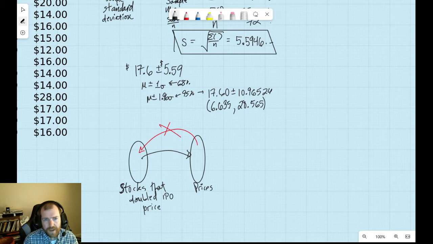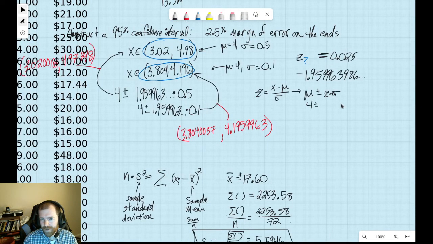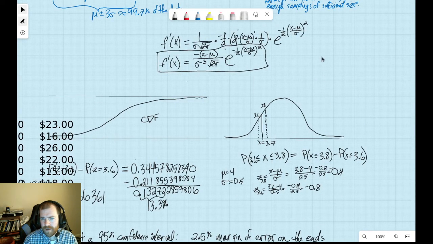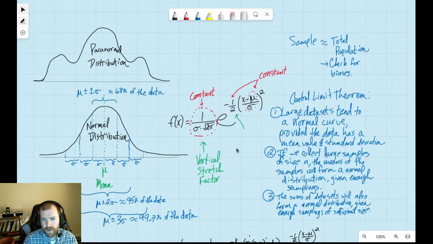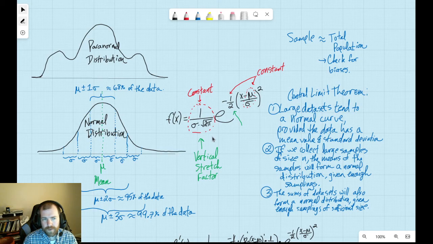So technically, right, if we were to look all the way back here at the actual function for Gaussian distribution, the value that we're going to get, let's see, where do we want this to be?